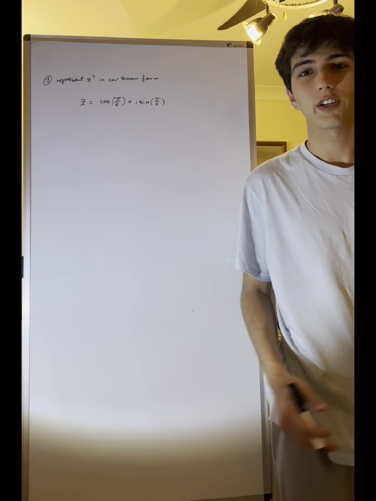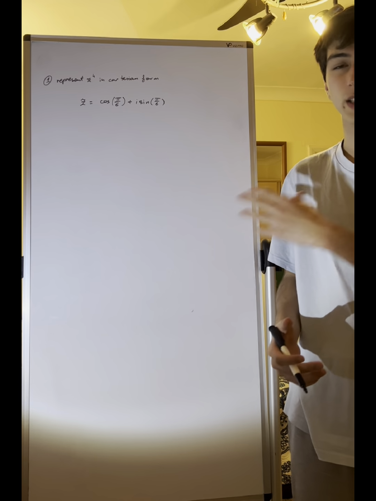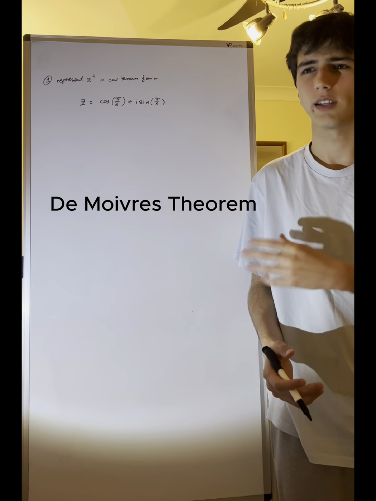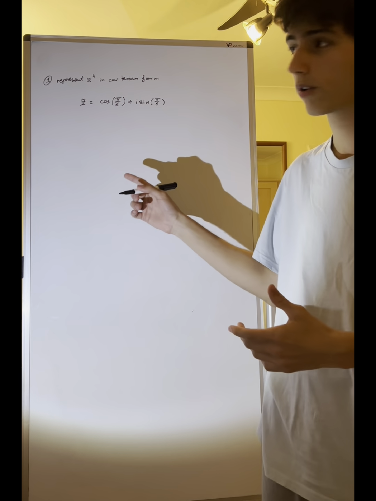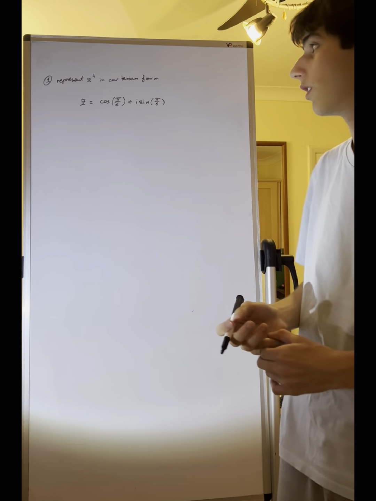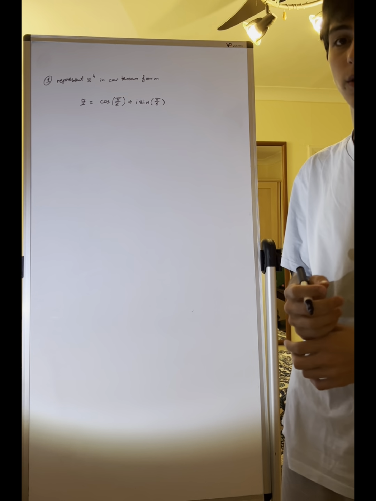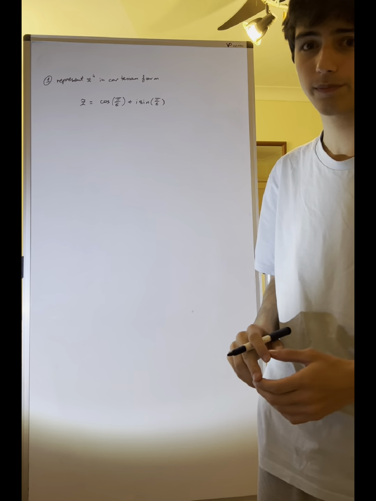So our first question is relatively simple. It's just applying the De Moivre theorem. We want to represent this in Cartesian form, and z is equal to cosine of pi over 6 plus i sine of pi over 6. And we want to raise it to the fourth power.